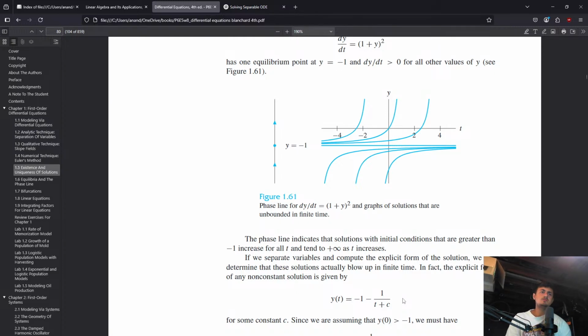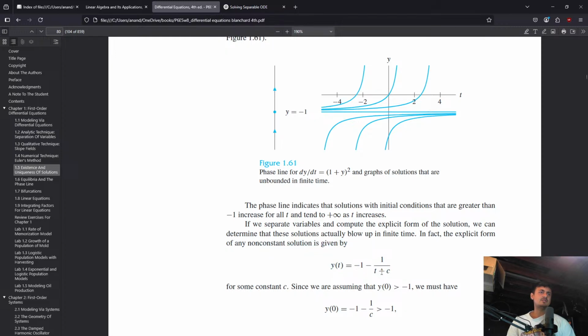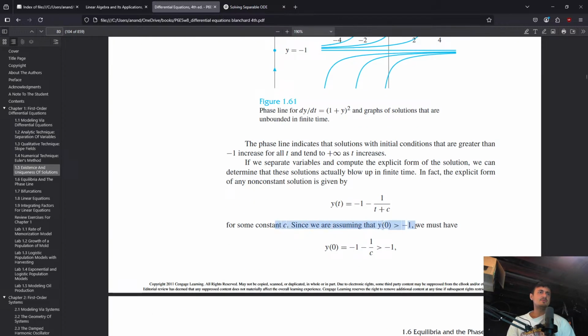Okay. We can determine that these solutions actually blow up in finite time. In fact, the explicit form of any non-constant solution is given by -1 minus 1 over t plus c. We are assuming y of 0 is greater than -1.